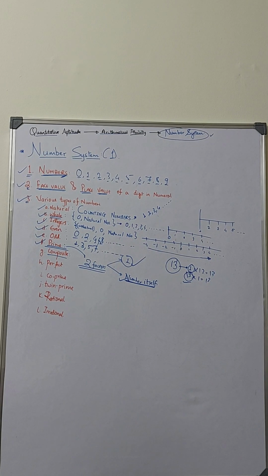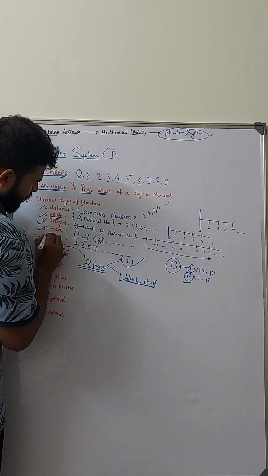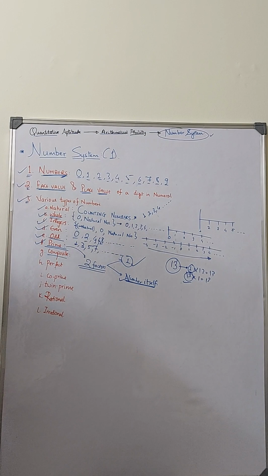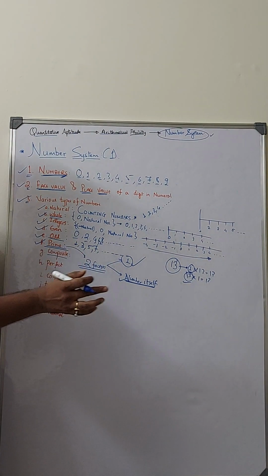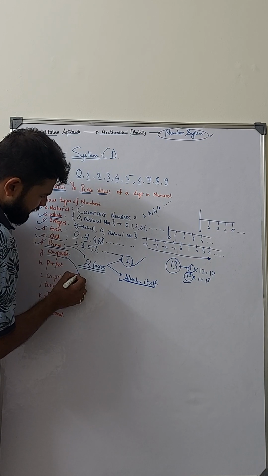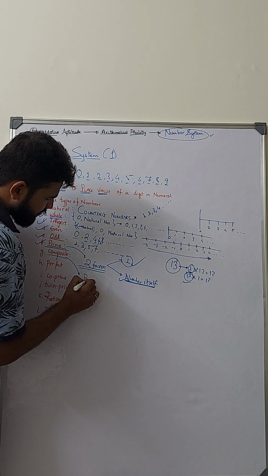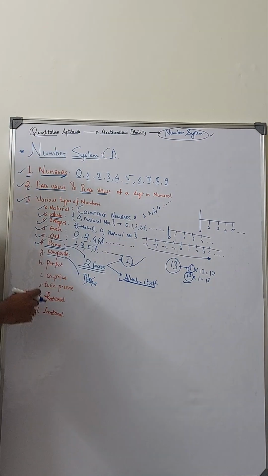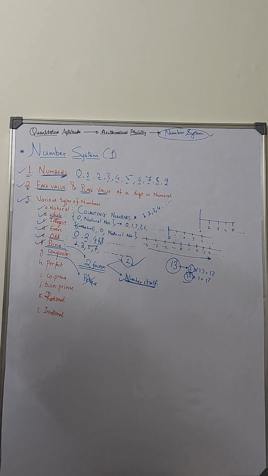It's simple. As I told when we were studying odd, the numbers which are not even are odd. Similarly, this holds true for composite: the numbers which are not prime numbers are nothing but composite numbers.